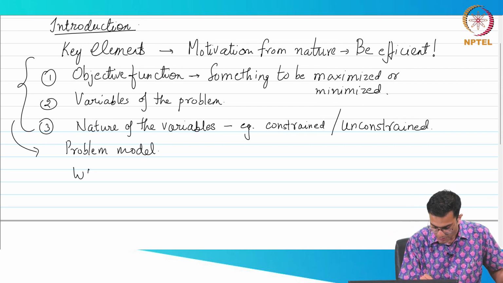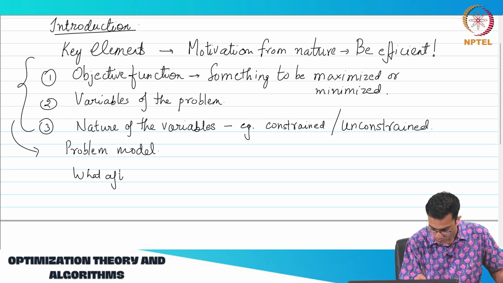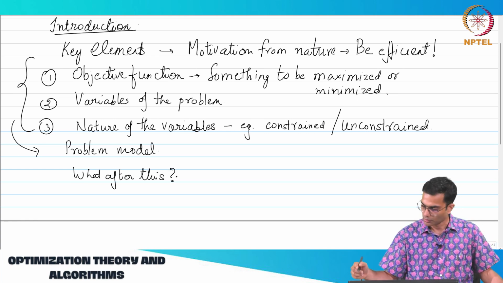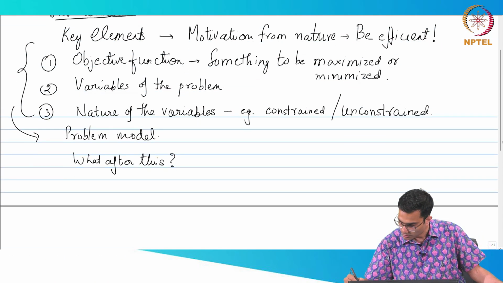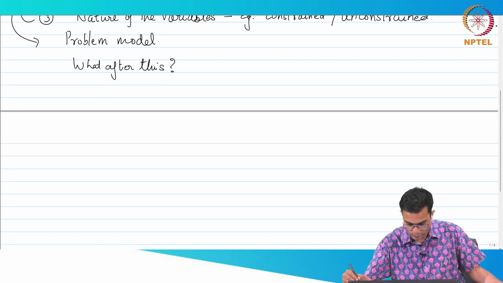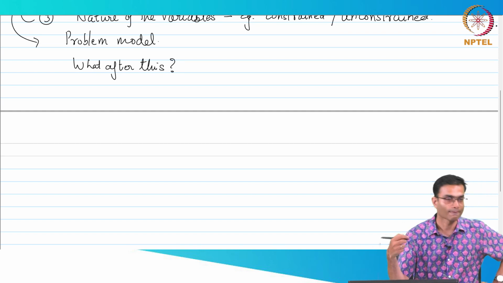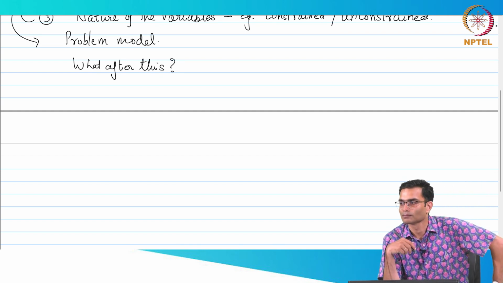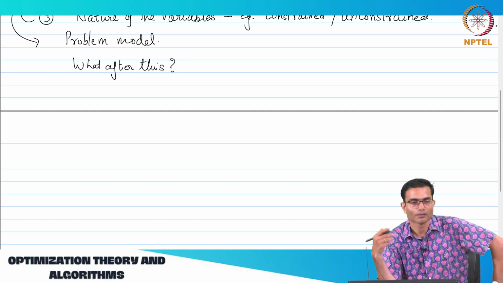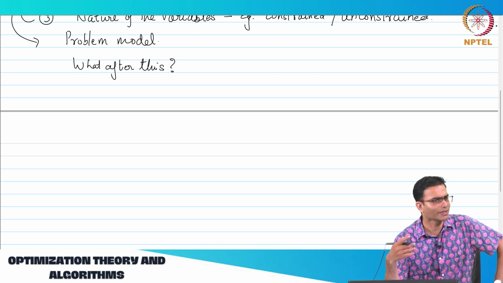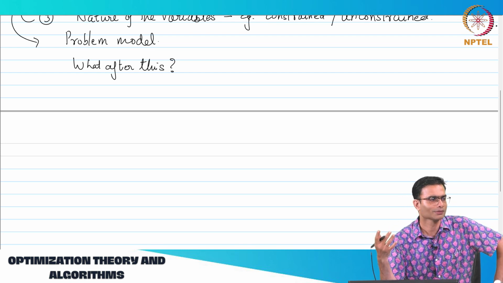So what happens after this? I have defined the problem model. What happens after this? Look for the right variable values. Can we say it in even simpler language? We solve the problem.